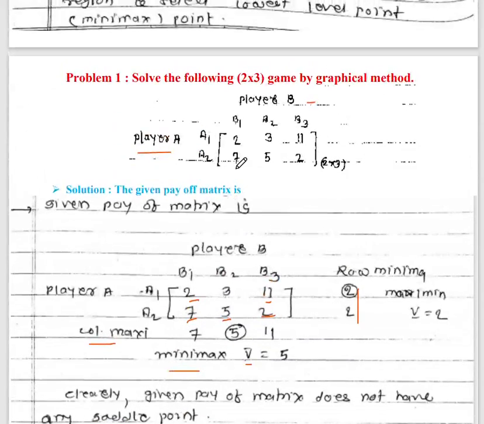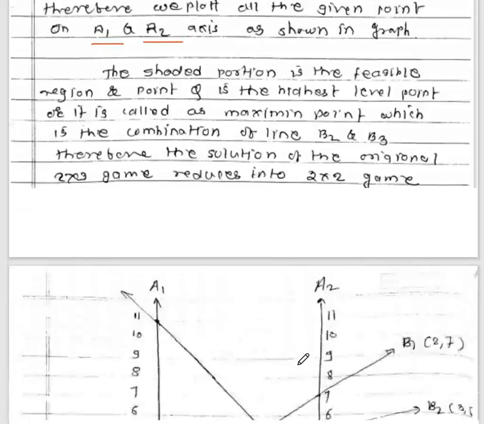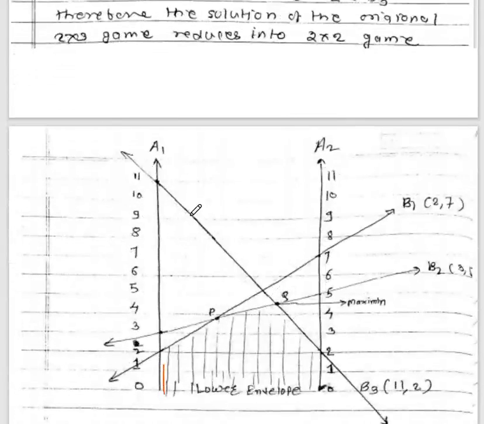On a1 there are points 2, 3, 7, 11, so the numbers should be 0 to 11. And on the a2 axis there are numbers 2 to 7, so we can take 0 to 7. But for simplification and equality, we can take 0 to 11 on both.